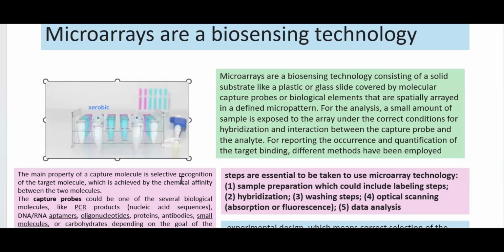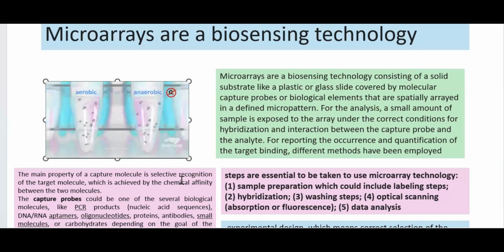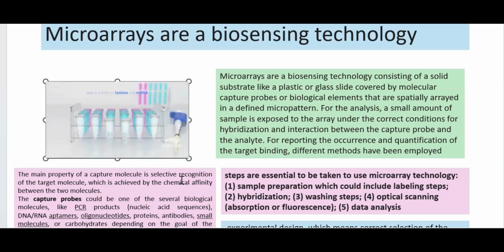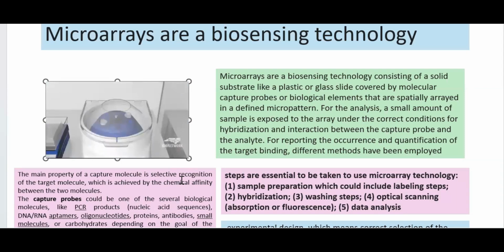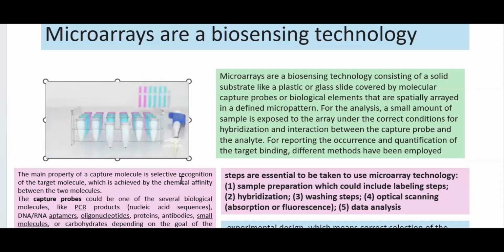So here are the Eppendorf tubes having the cells which are growing aerobically or anaerobically. Yeast cells you are seeing in that. So you are going to isolate the mRNA from these cells, extracting the mRNA from the cells.